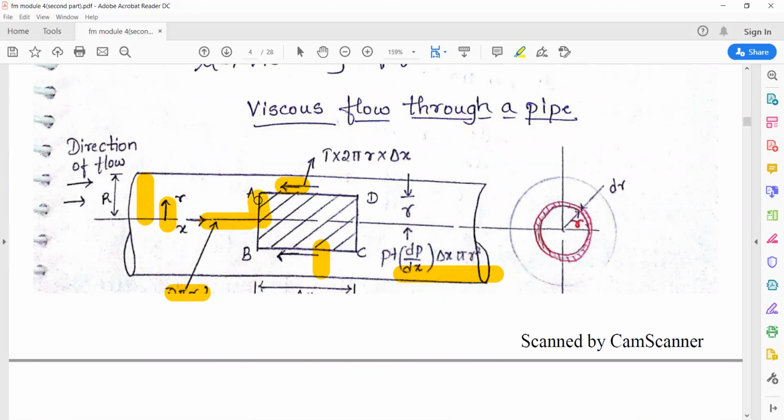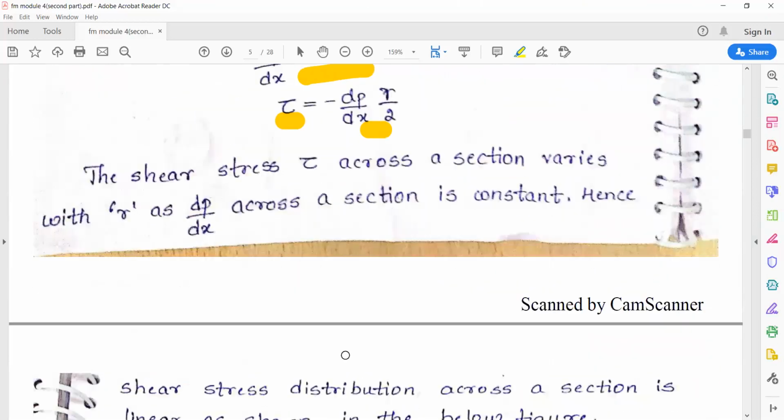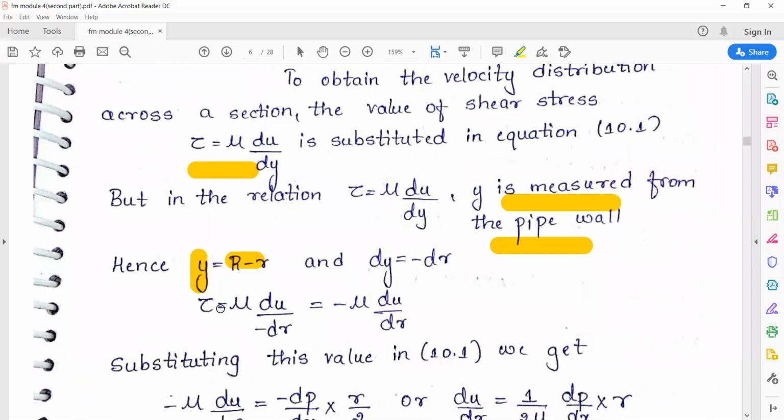The radius of the fluid element is small r, and the radius of the pipe is capital R. So capital R minus small r gives the distance between the fluid element and the inner surface of the pipe. So y is equal to capital R minus small r.